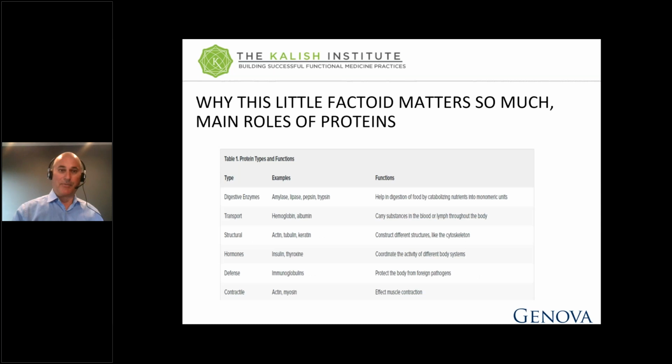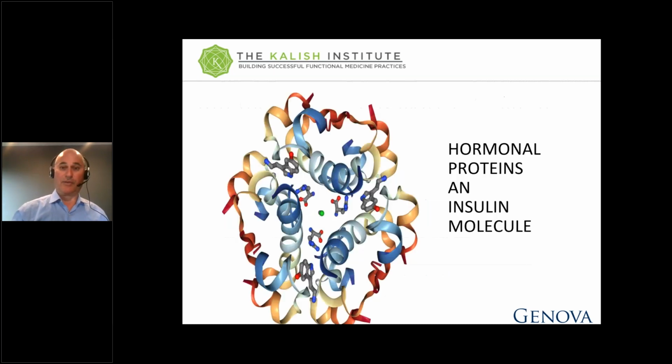And here are just some examples of what that could screw up. Digestive enzyme production, the transport proteins like hemoglobin and albumin, structural proteins that hold us together, right? Hormones like insulin, defense, which is really probably what's on everyone's mind these days, which means immunoglobulins, et cetera. And then contractile proteins, so things that have to do with muscles.